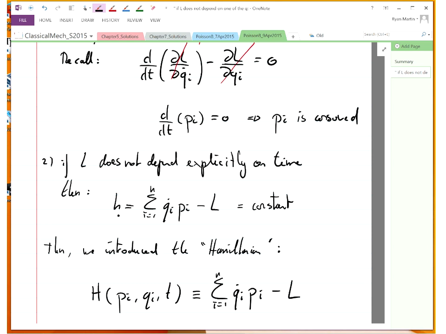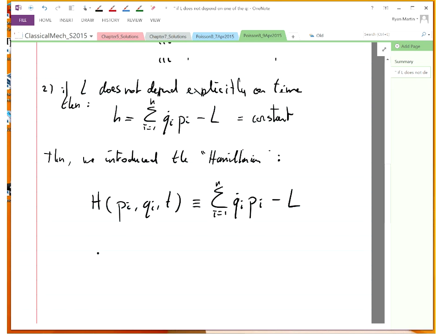However, what's very important to note is that the Hamiltonian H has to be written in terms of only the qi and the pi.